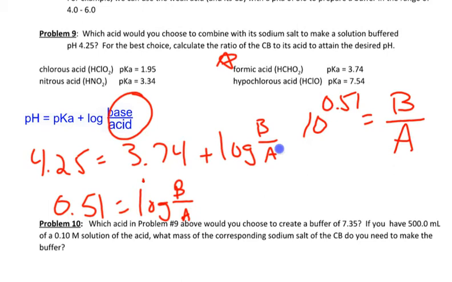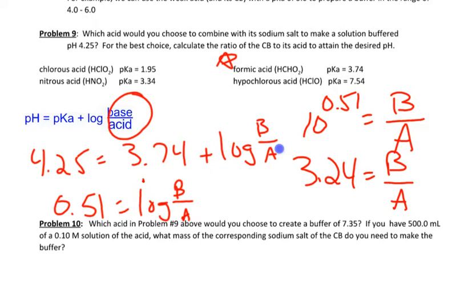And then go ahead and solve for that. What is 10 to the 0.51? Hopefully you got, let me find out here, I'm doing it right now, 10 to the 0.51 is 3.24. Did you get that as an answer?